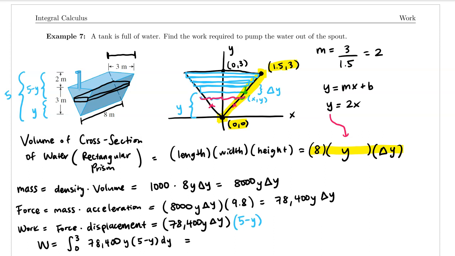And then if you calculate this definite integral, we end up getting 1,058,400 joules. So that is the final answer to how much work it would take to pump out all of the water from this tank.